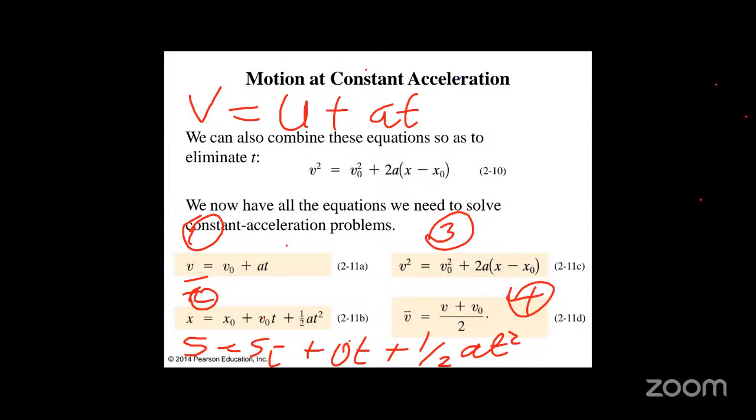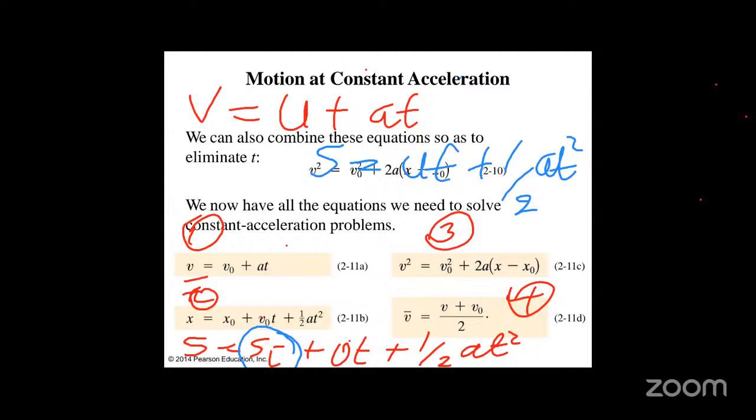In your secondary school, most times this first term is not there, so the equation appears as S is equal to ut plus half at squared. The equation is still the same.